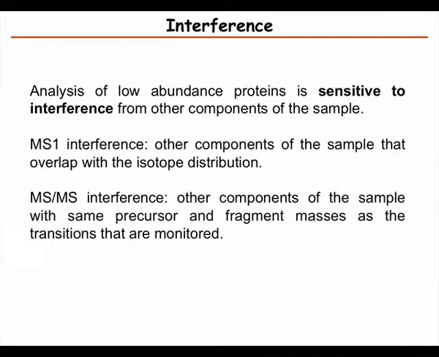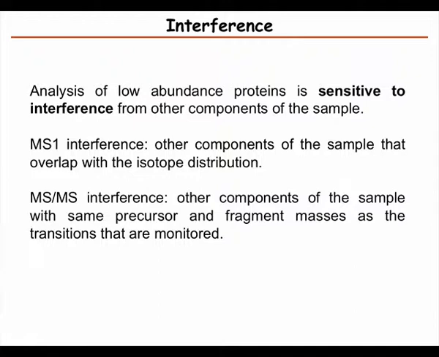Interference meaning, in MS1, that there is a different peptide with a different sequence but with similar mass, and that at least partially overlaps with the isotope distribution of the peptide that we're interested in. And in MS2, we can also get interference by a different sequence that has the same precursor mass and a few fragments overlapping.